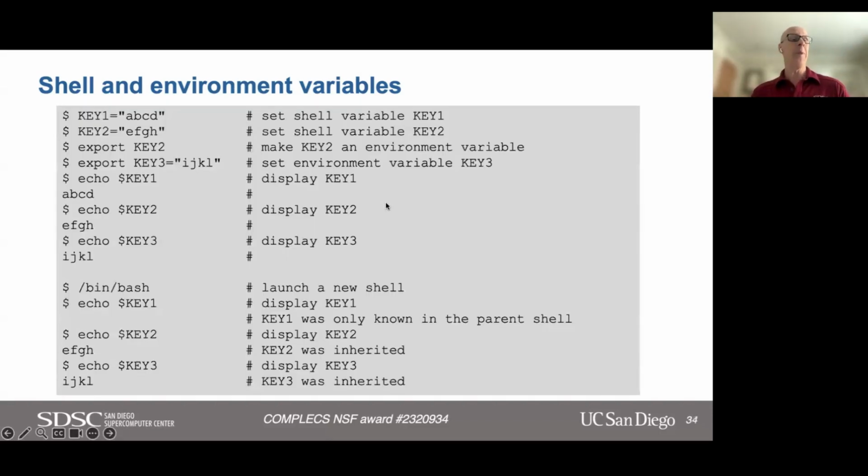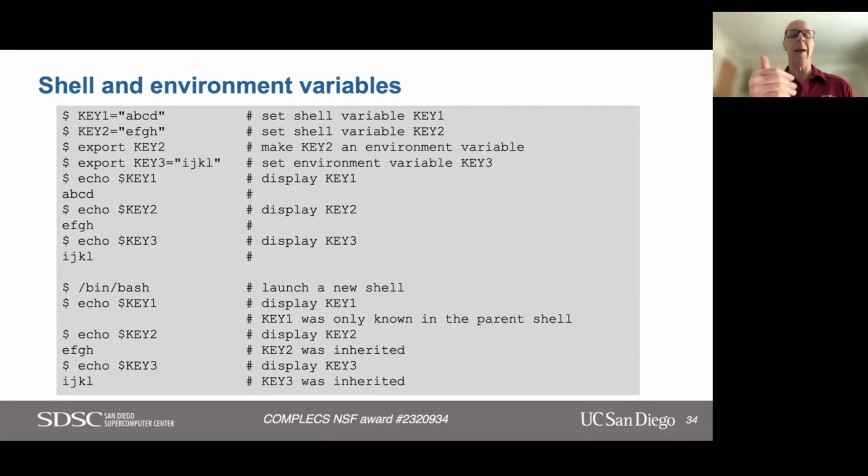An example of an environment variable that you probably use all the time is $HOME and $USER. If I just type $HOME or $USER, where the name is in all caps on the command line, I'm going to see my username or the name of my home directory.